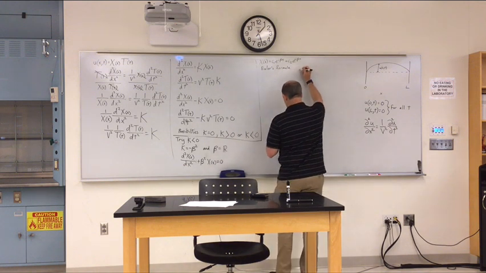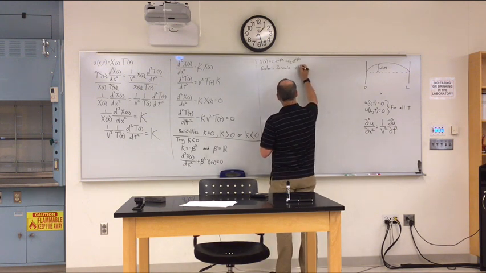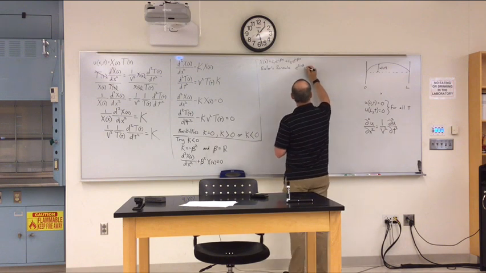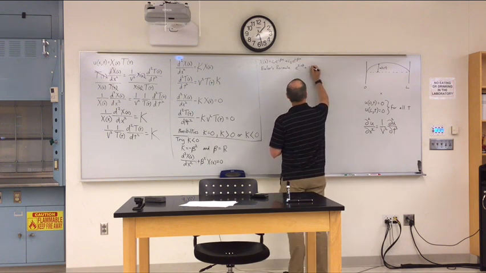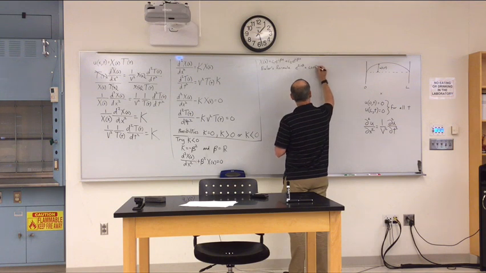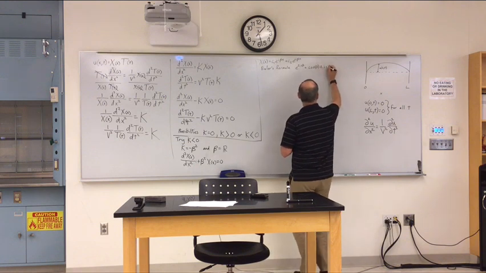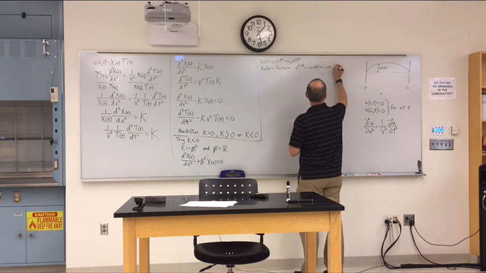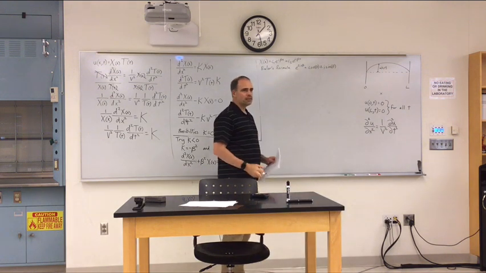Euler's formula says that e to the plus or minus i times some value is equal to the cosine of that value plus or minus i times the sine of that value, where the pluses and minuses correspond.